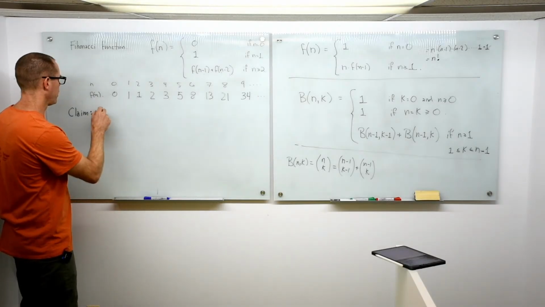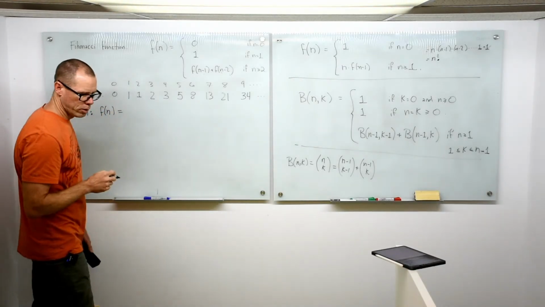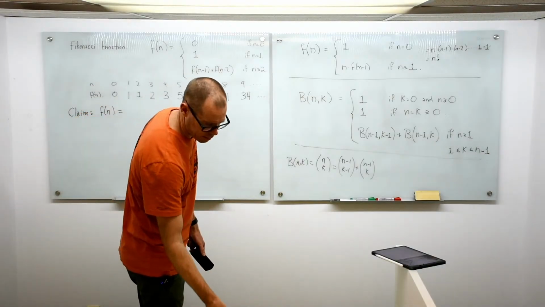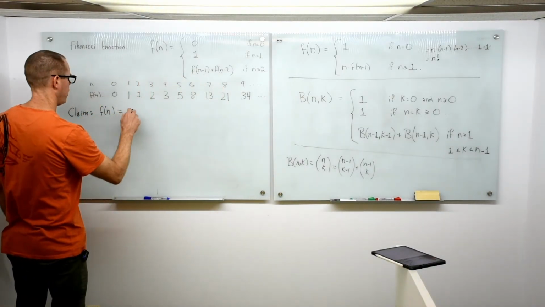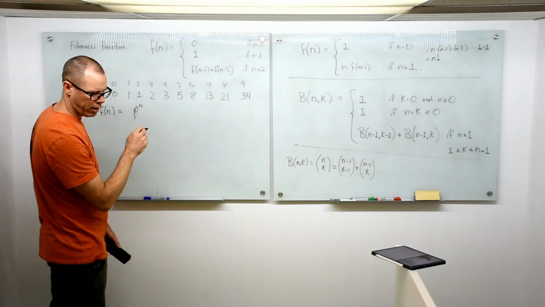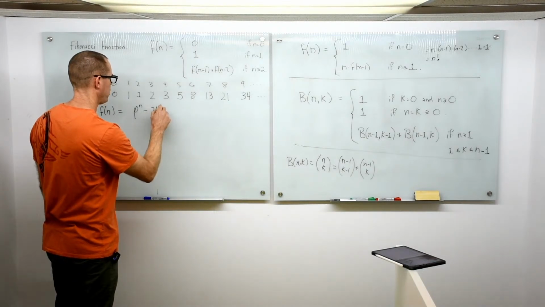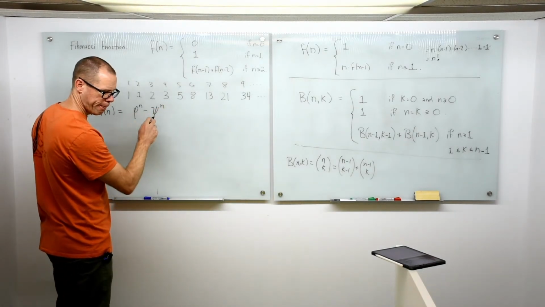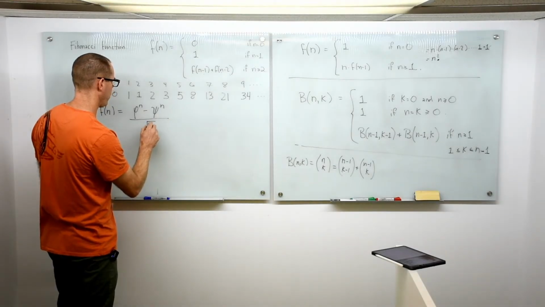So the claim is that the nth Fibonacci number is equal to phi to the n minus psi to the n, divided by square root of 5.